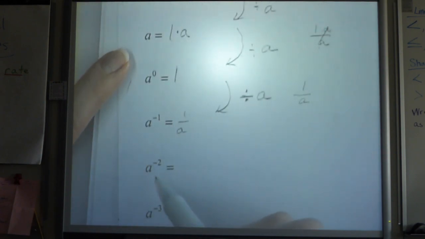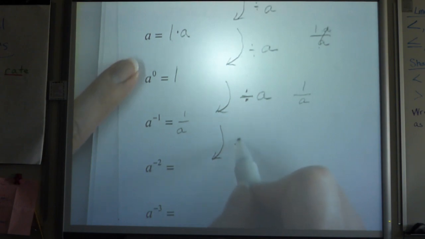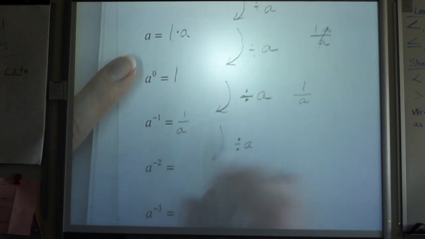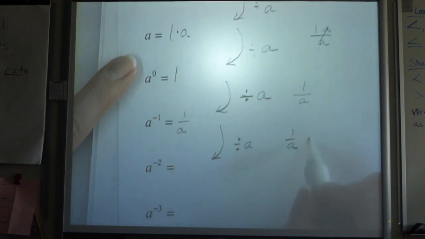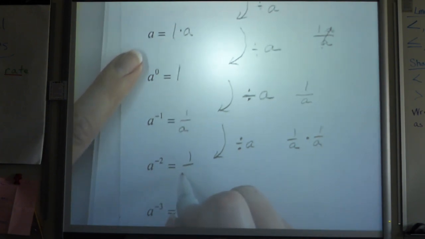Okay, I'm decreasing by another factor of A. I divide by A again. Okay, I had 1 over A. I divide by A again. How do I divide with fractions? Multiply by the reciprocal, 1 over A, 1 over A. And I end up with 1 over A times A, which is 1 over A squared.